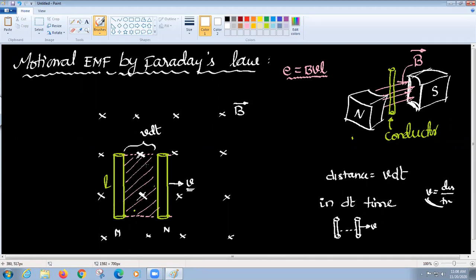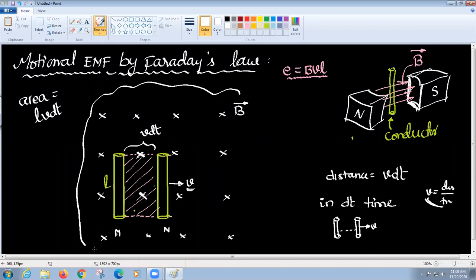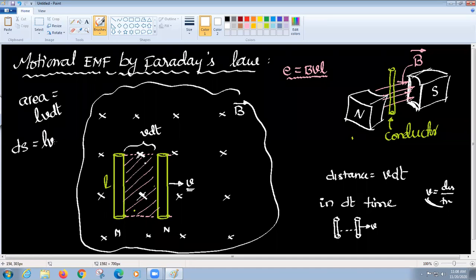L. So what is the swept area? L v dt. This is the swept area. The complete magnetic induction is there, but we are only concerned with this portion, so we take the swept area as dS. So dS is equal to L v dt. All right.